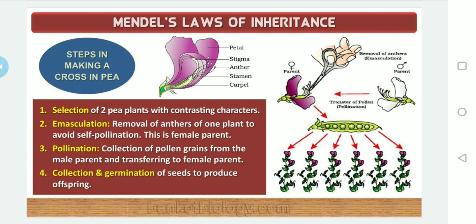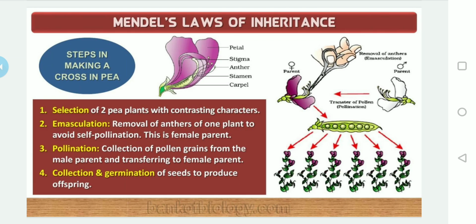Then the pea plant flower is bisexual. That means it contains both male and female reproductive structures in the same flower, isn't it? And it exhibits self-pollination as well as cross-pollination, that is autogamy and allogamy.